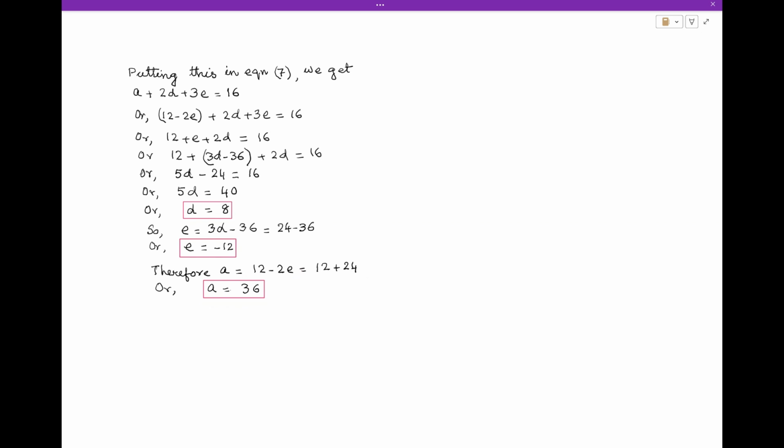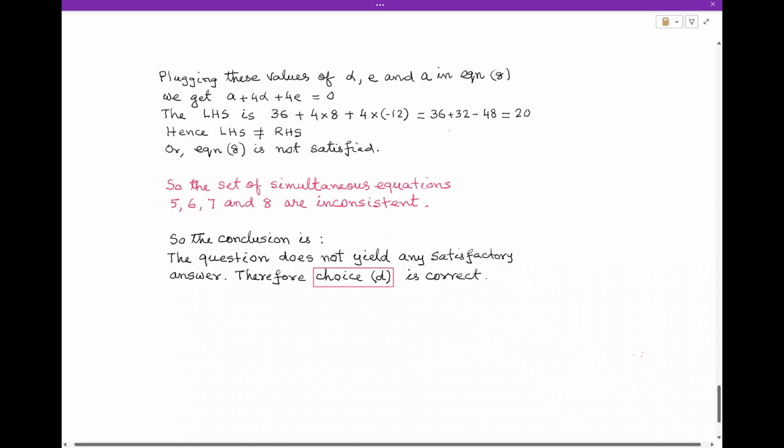So, the values we have got are A is equal to 36, D is equal to 8, and E is equal to minus 12 for the three variables. We have got the three values of the three unknown quantities D, E, and A by using only three equations 5, 6, and 7. To check for consistency, let us put these values of D, E, and A in the other remaining equation which we have not used so far.